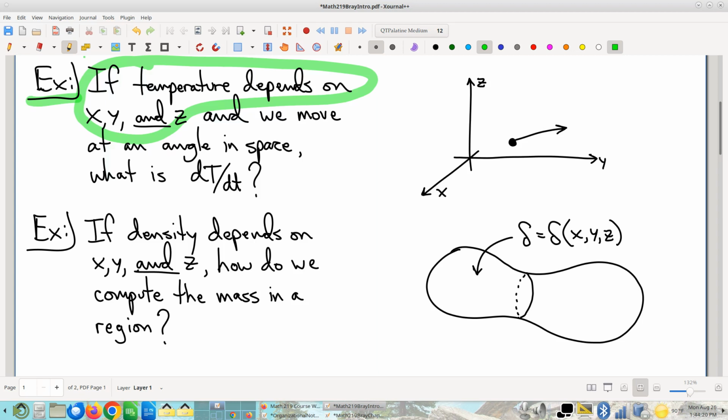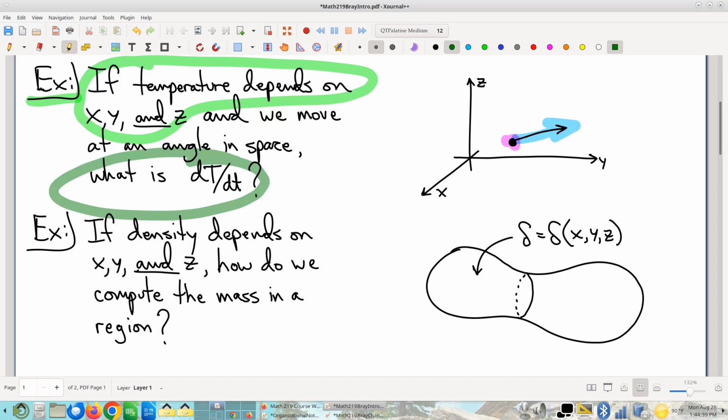It is a function, therefore, of x, y, and z. Okay, well, with that in mind, if I'm here and if I'm moving with some velocity, temperature is going to be changing as I move with that velocity. How am I going to get my hands on the question of how fast the temperature is changing?